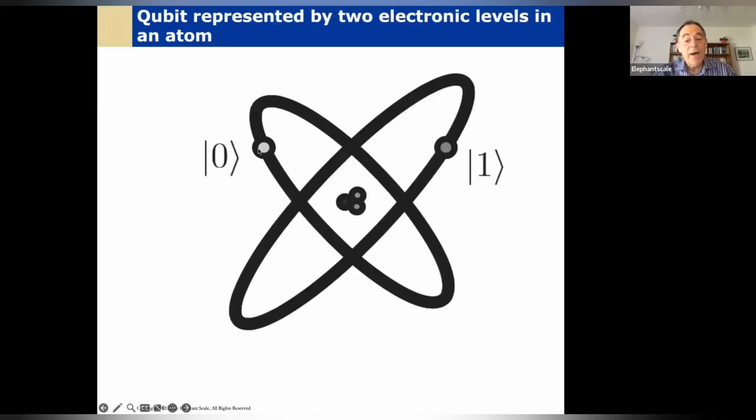All right, now let's go and look a little bit at what that physically is. This is an electron, and it can have different levels of energy. The first thing that the physicists discovered is that it cannot have any level of energy. It can have only specific levels of energy.